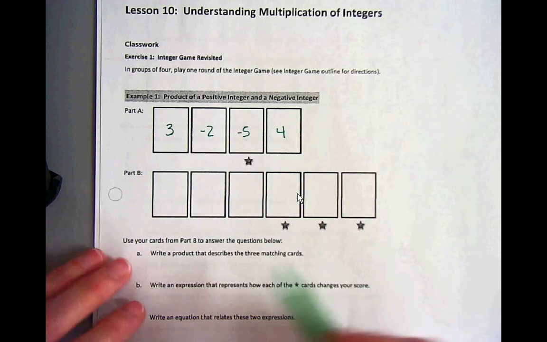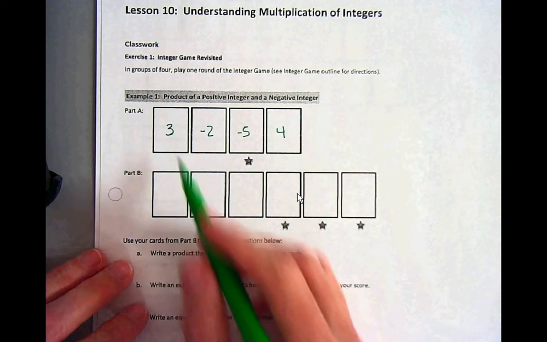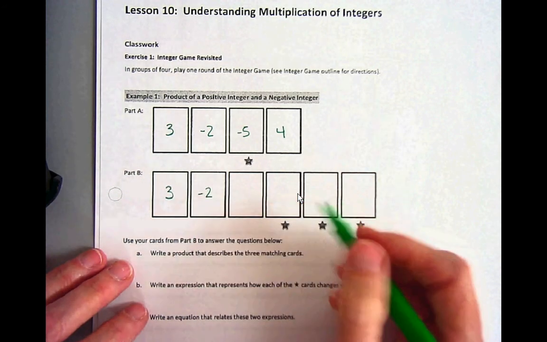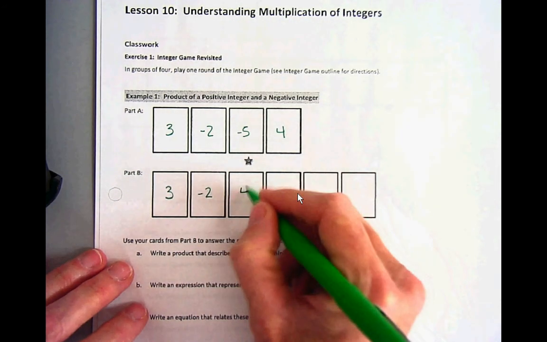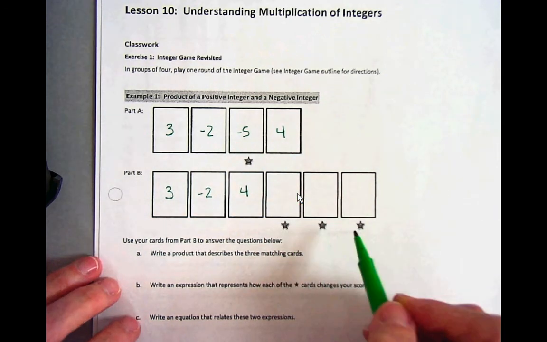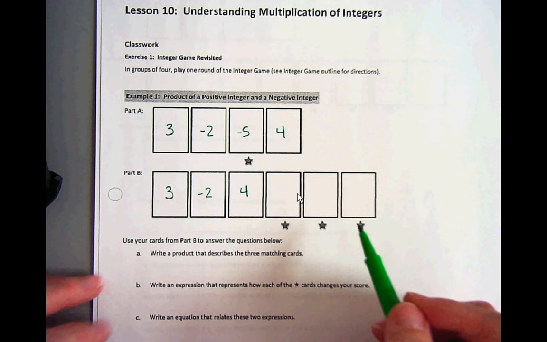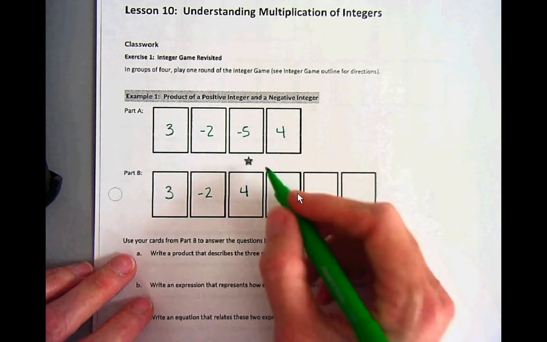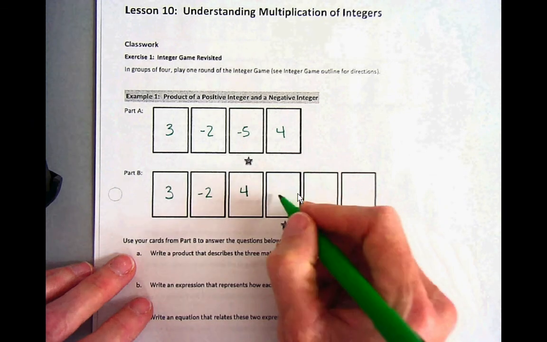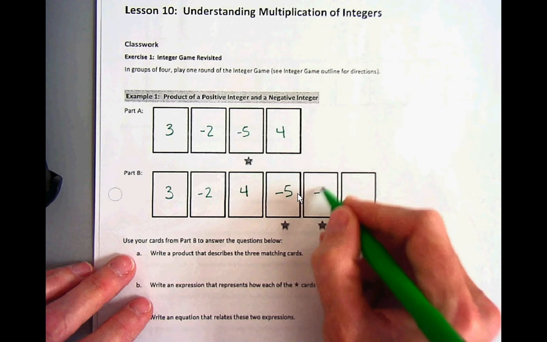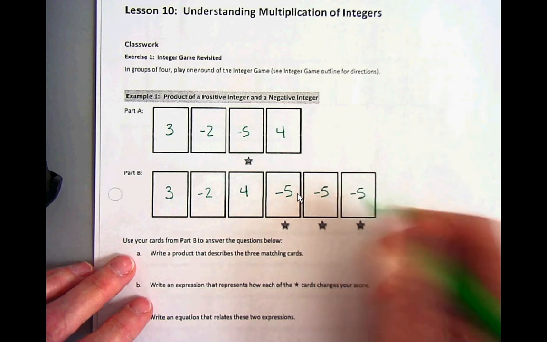On the bottom here, we keep our cards, the 3, the -2, and the 4, but the one with the star, the -5, we're going to multiply. We're just picking an arbitrary number: we're going to multiply it 3 times. So this card we get to add 3 times, so -5, -5, -5.